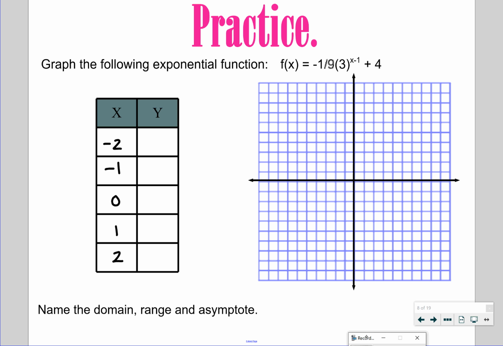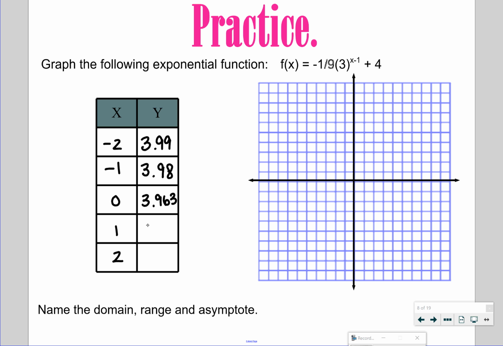Okay, let's see how you did with this. So when I plugged in -2, I got something really close to 4, 3.99. When I plugged in -1, 3.98 or 99, depending how you round that. If I plug in 0, 3.963.